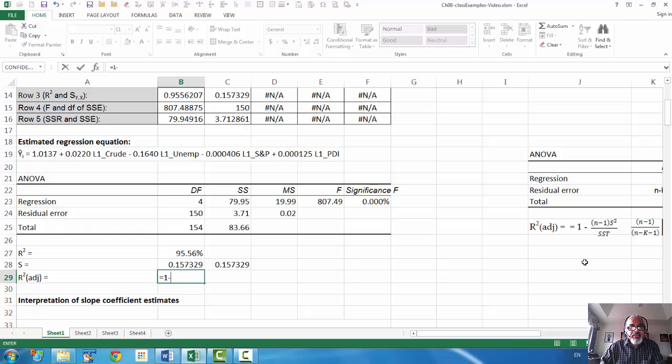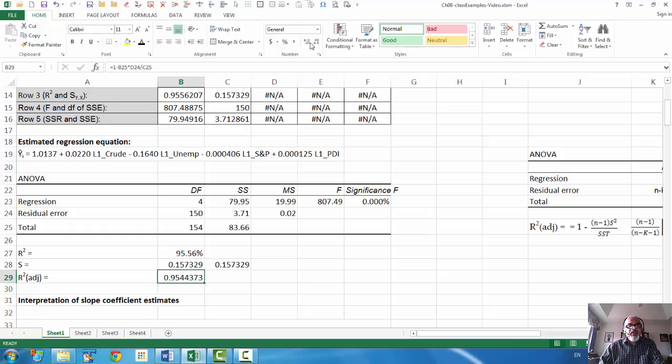It is 1 minus n minus 1, where n minus 1 is the degrees of freedom for total sum of squares, times S squared, which is mean square error, divided by SST. That gives us the adjusted R squared.